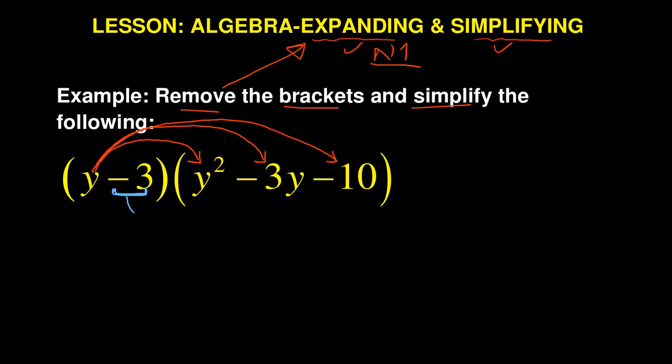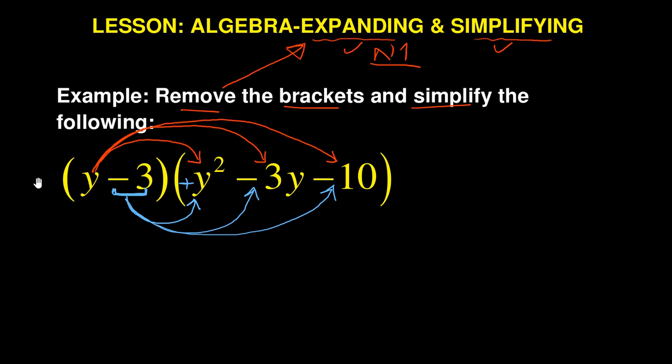The minus 3 will multiply the y squared. It's y squared, meaning there is a positive sign if they are not showing you any sign. And the minus 3 again will multiply the minus 3y, and the minus 3 will multiply the minus 10. So this is how you are supposed to expand when they say remove the brackets.